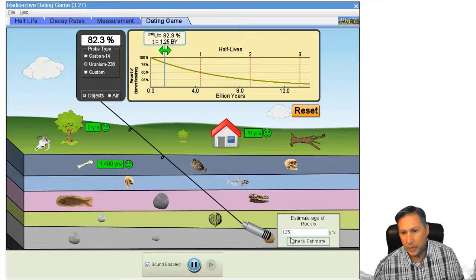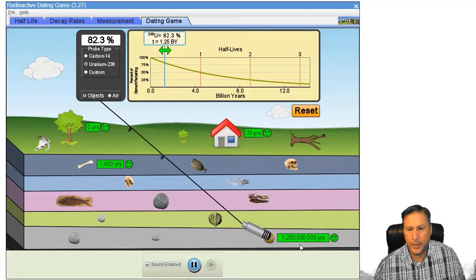There's 1,000, million, billion. Every 3 zeros you're going to get hundreds, thousands, millions, billions. Well, you're going to have to convert your years into actual numbers, but you can see it is all feasible.